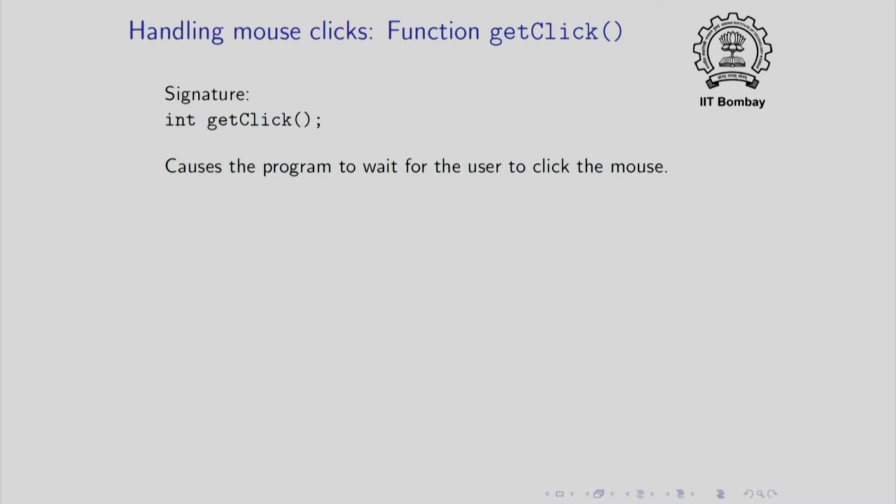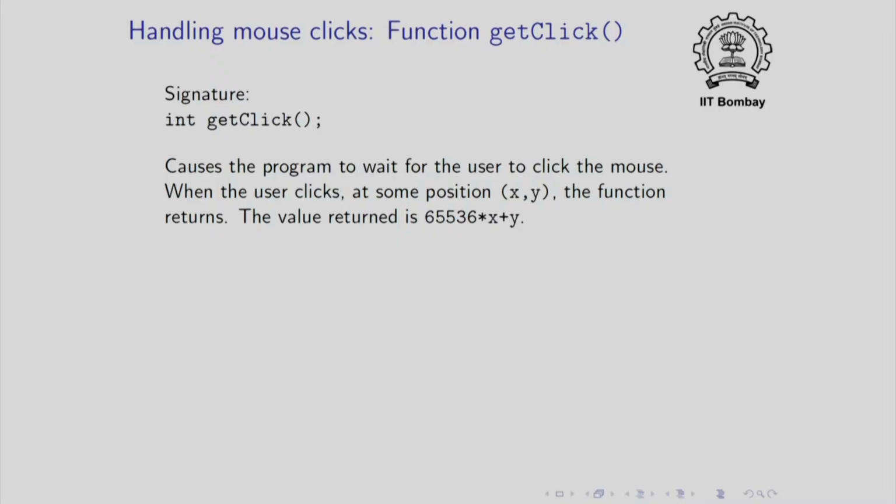This is sort of like what happens when you try to read from the keyboard, or indeed read anything. The program waits until something is typed on the keyboard, or maybe the disk responds or something like that. In any case, when you call GetClick, the program will wait, and this time the waiting is going to be for the user to click the mouse.